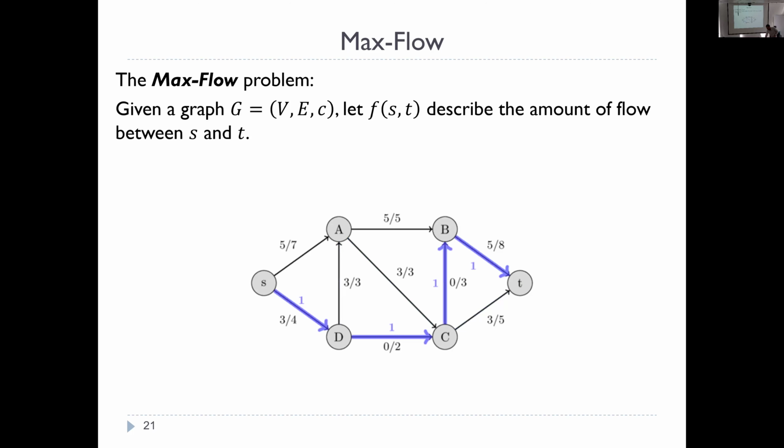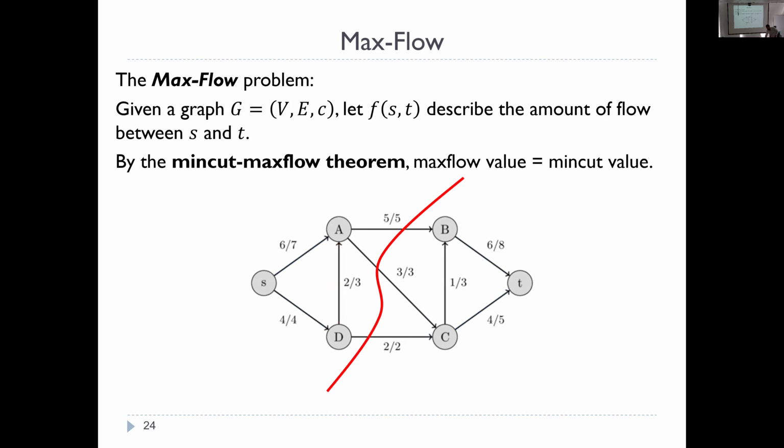And then at some point we cannot do it anymore. There's no more path to ship flow from S to T. And then the value of the flow that we shipped so far is the maximum flow. And by the min cut max flow theorem, this is also the value of the minimum cut from S to T. So the minimum number of edges, or the minimum weight of edges, such that if you remove them, you disconnect S from T. Okay?